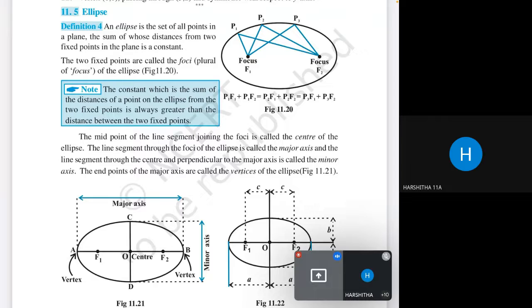In case of the parabola, we have only one fixed point and one fixed line. But here two fixed points are there.